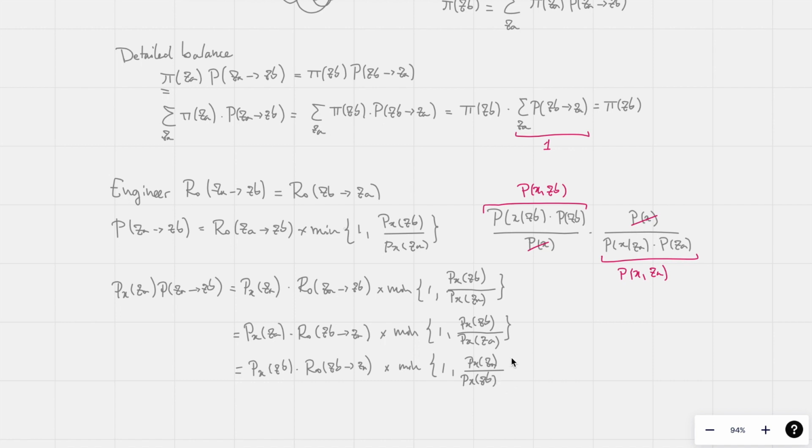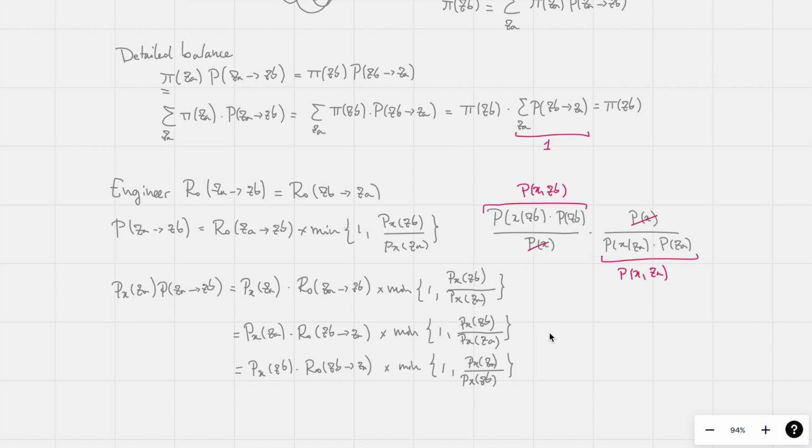So here, if we replace P(x, Za) by P(x, Zb), and we swap the terms here, P(x, Za) and P(x, Zb), in this expression, then we get the same thing as the line above here.